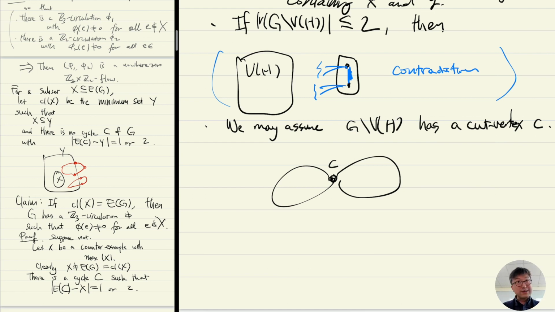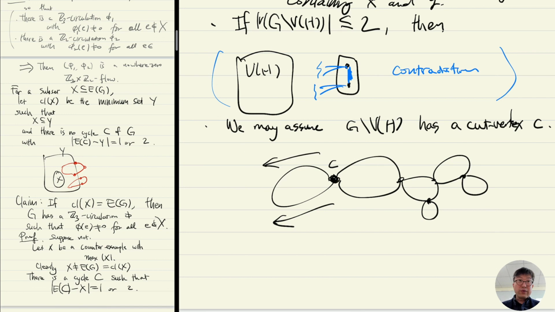And some blocks could be an edge, some blocks could be something like this. So you have a partition like this. This is called the block tree decomposition. But anyway, what I want to find is a place where on one side you no longer have any other cut vertex.